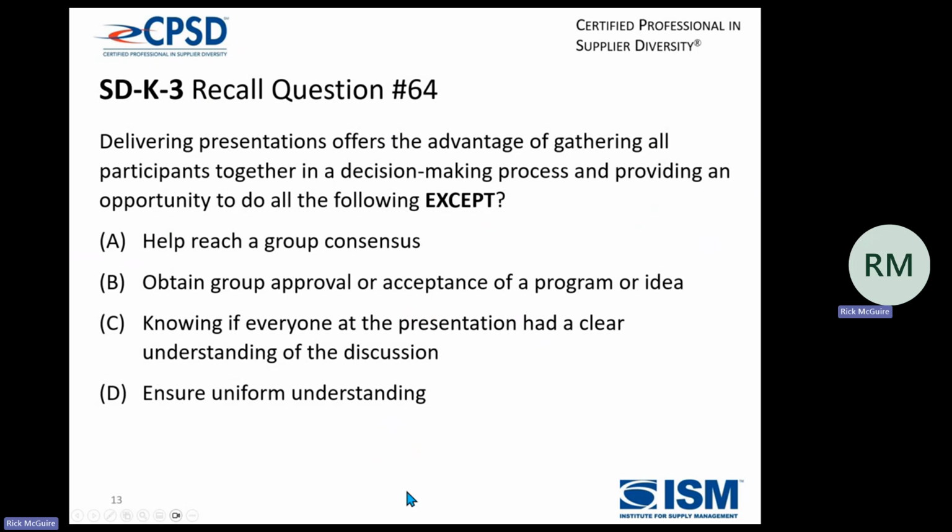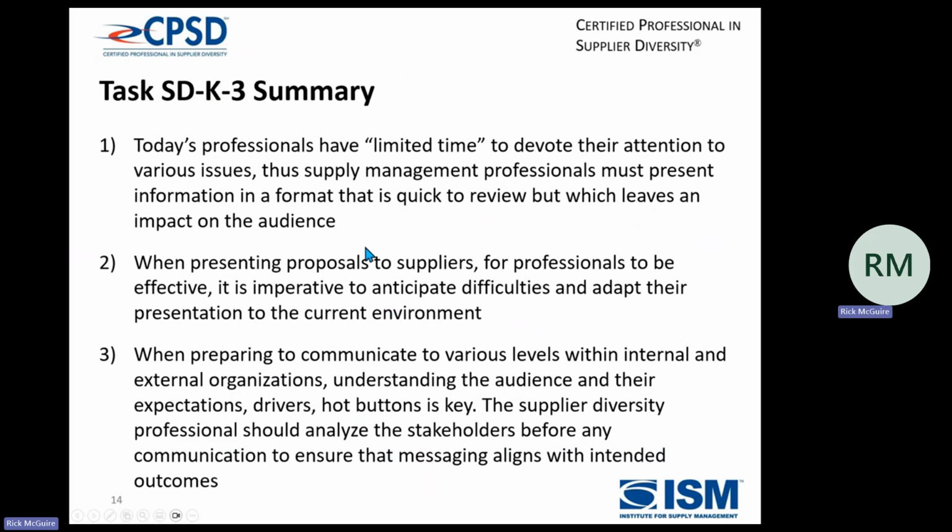All right, we've got a summary first. Today's professionals have limited time to devote to various issues. Thus, supply management professionals must present information in a format that is quick to review but leaves an impact on the audience. When presenting proposals to suppliers, for professionals to be effective, it's imperative to anticipate difficulties and adapt their presentation to the current environment.